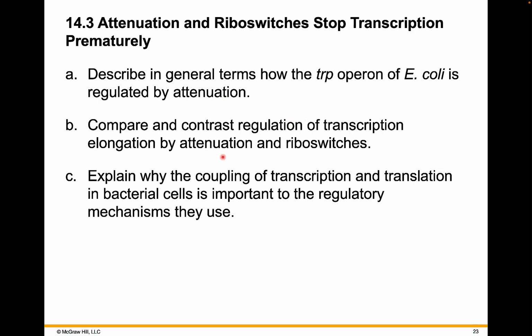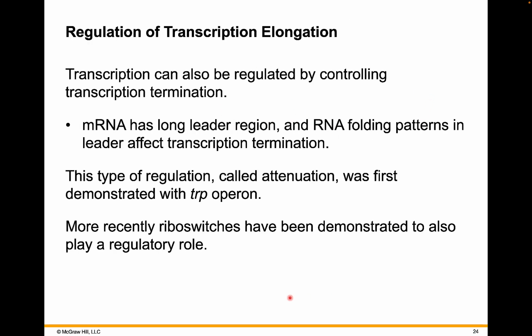This is a very, very interesting process, and why this is important. We are going to see that the transcription can also be regulated by controlling the transcription termination. And the way this is controlled, this mRNA does have a very long leader region, and this leader region is before the first structural gene of the trp operon.